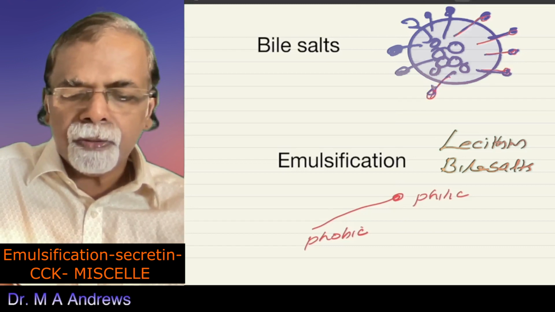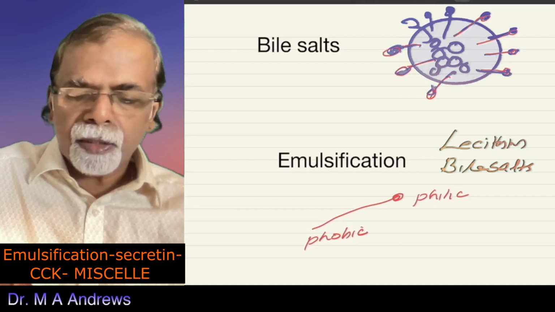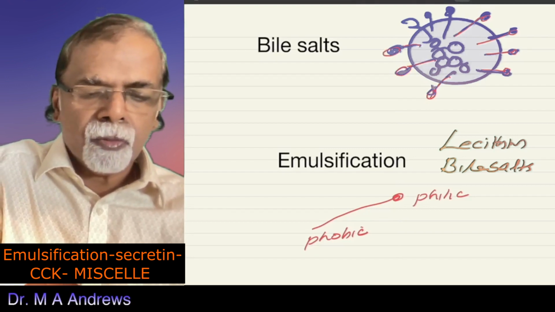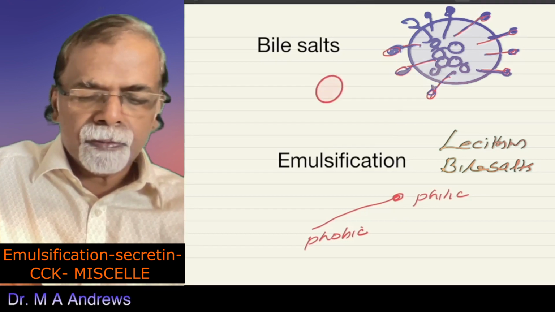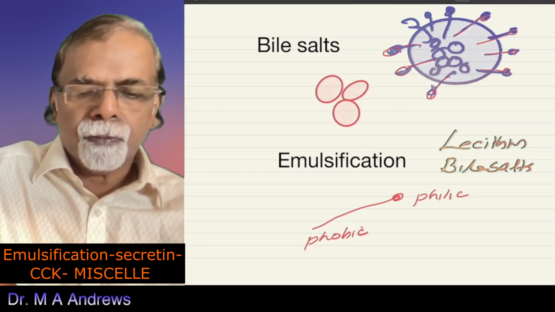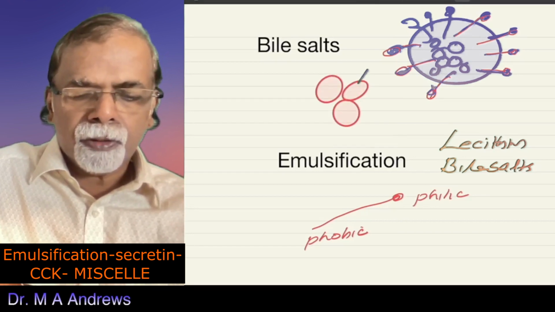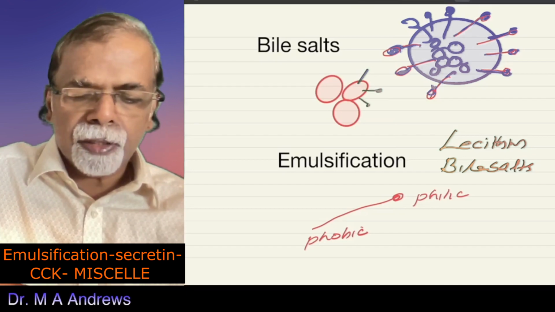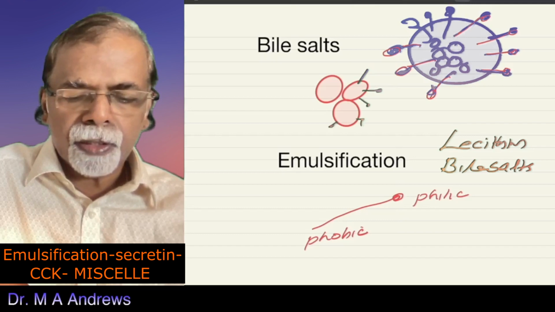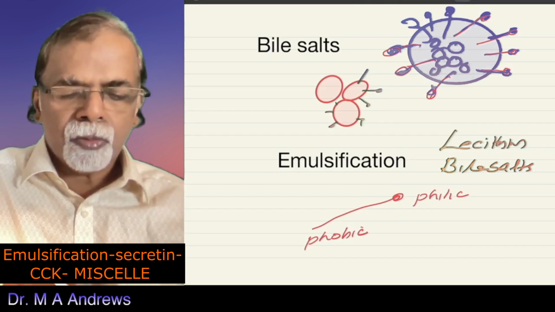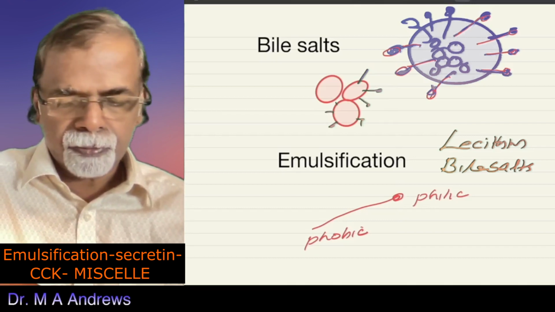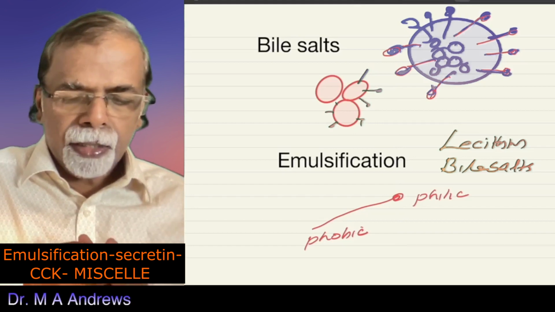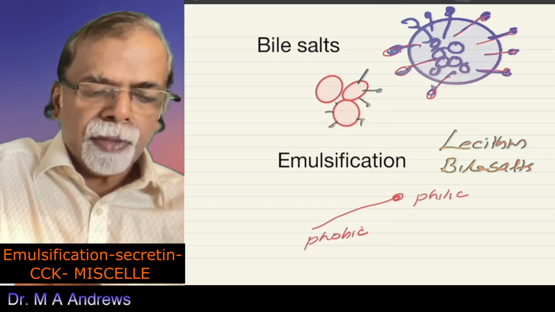And this leads on to breakage of the large molecules into smaller particles. So this is how the bile salt and lecithin combine together. So you get the smaller fat droplets, to which the co-lipase attaches.